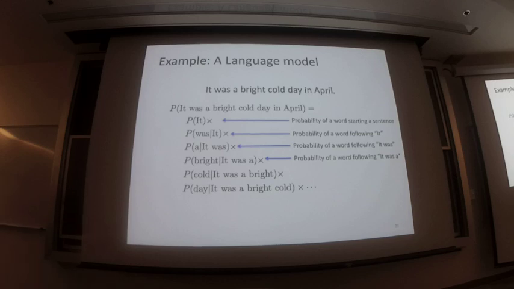So all we need is all these probabilities, and then we multiply them together. So based on how we define our language model, if you want to find the probability of this sentence, this is how we are going to go about it.